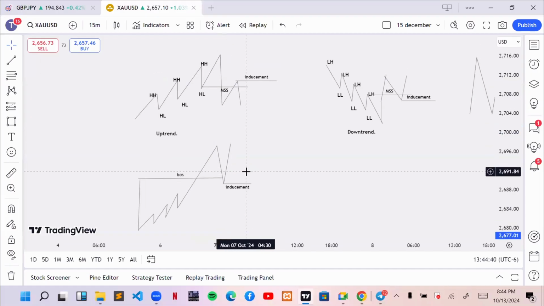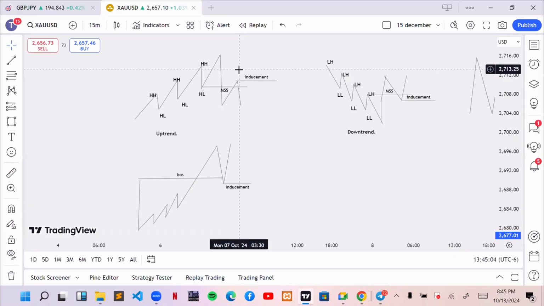So the inducement is a trap, like I said. It's what liquidity is. Liquidity is places in the market that have to be swept. Once liquidity is swept on one side, the market will head to the other side to sweep the other side's liquidity. That is what liquidity is. So the inducement is a trap in the market.